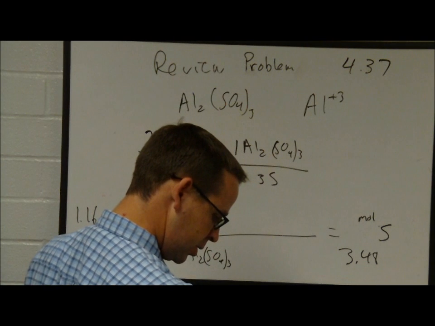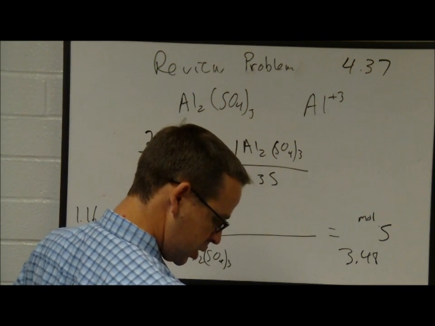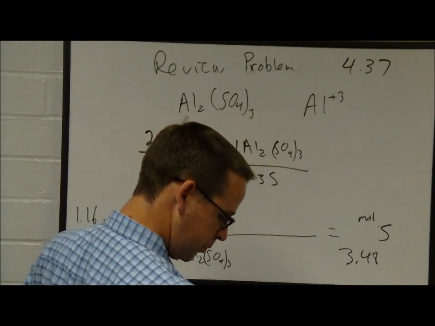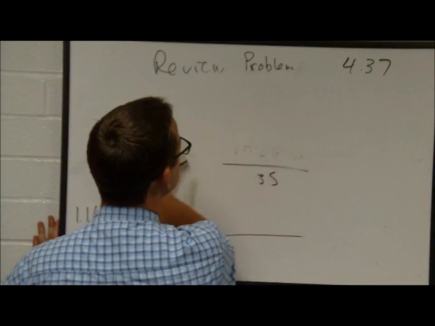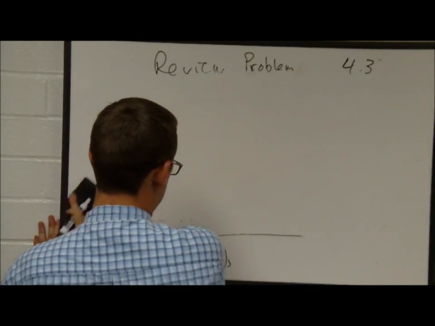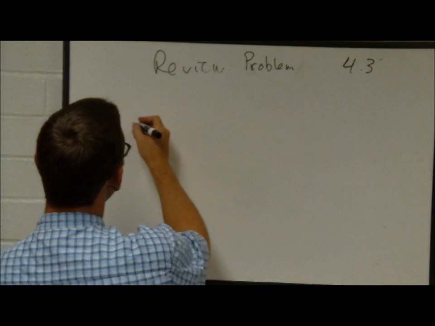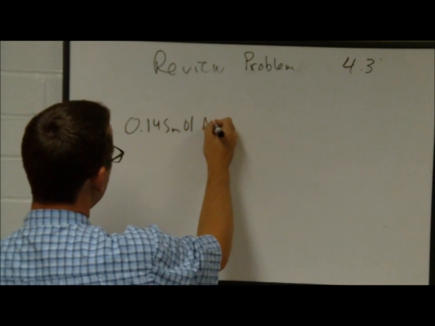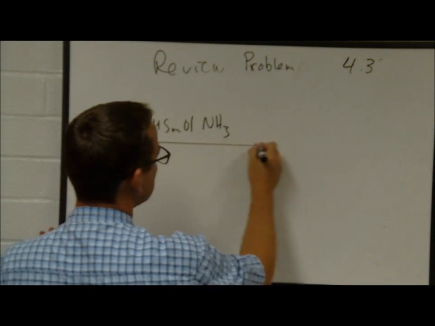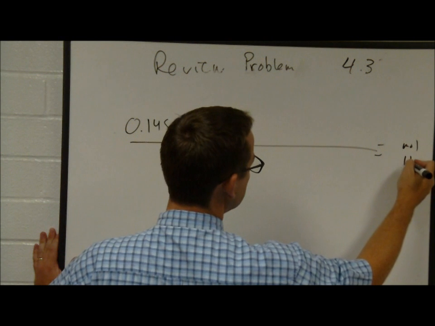439, how many moles of hydrogen gas and nitrogen gas can be formed by the decomposition of 0.145 moles of ammonia? 0.145 moles of NH3. How many moles of H2?